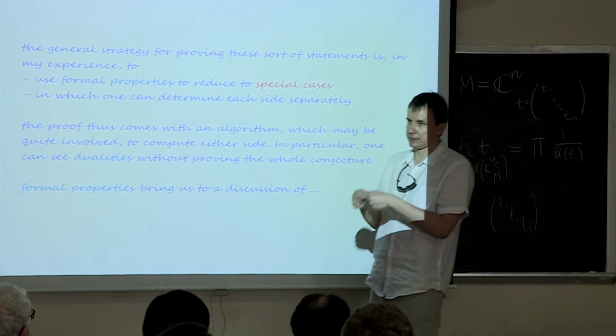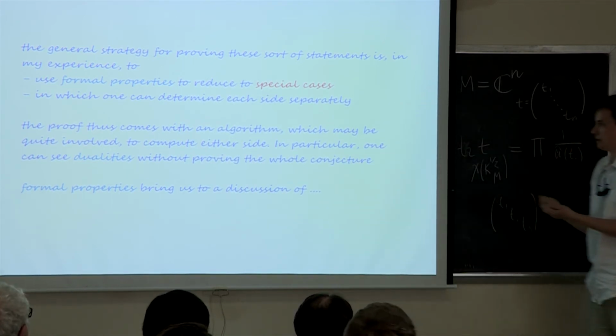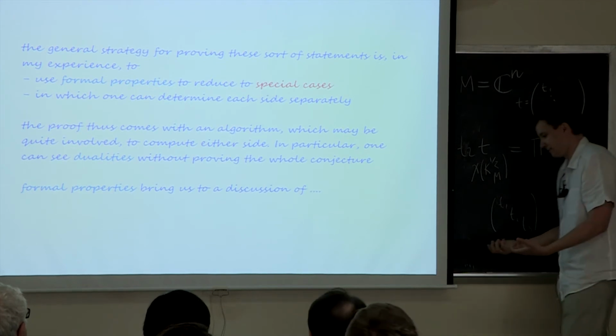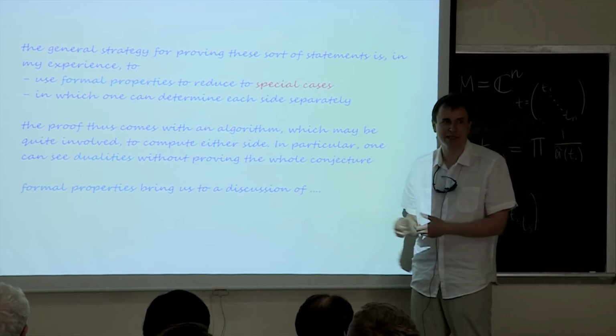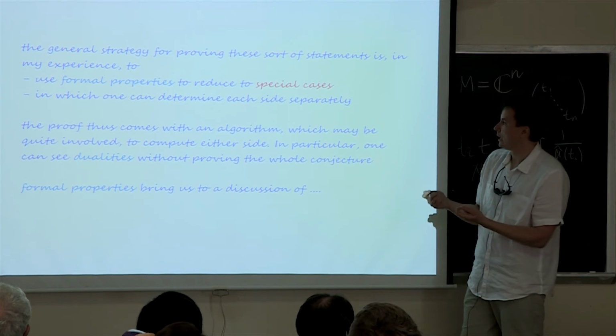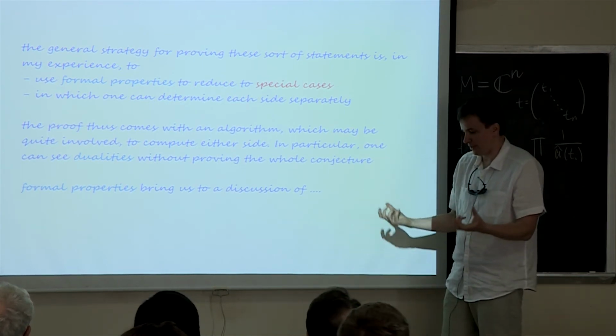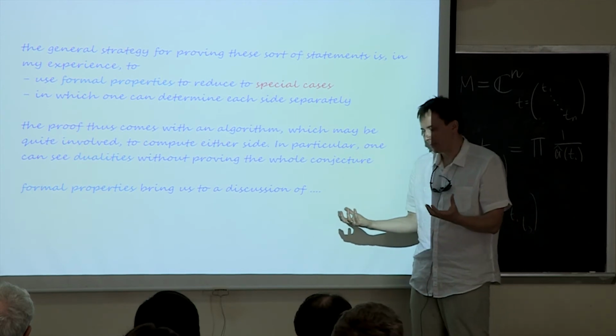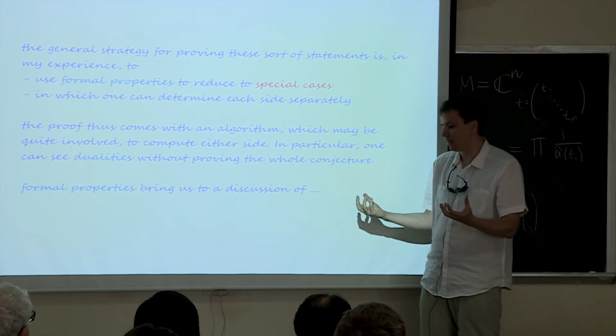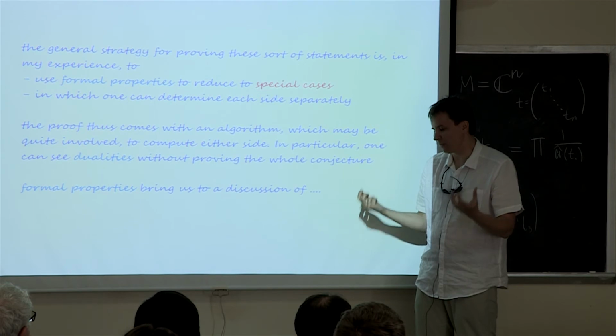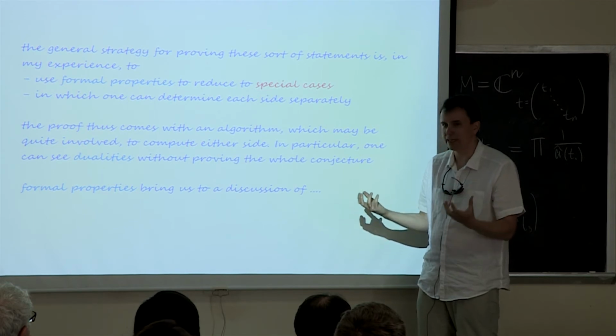In principle, it's maybe not the best strategy, but it's the one that's been most successful. And its advantage is this: sometimes there are examples of statements in math where you know two things are equal, but you don't know what either thing is.